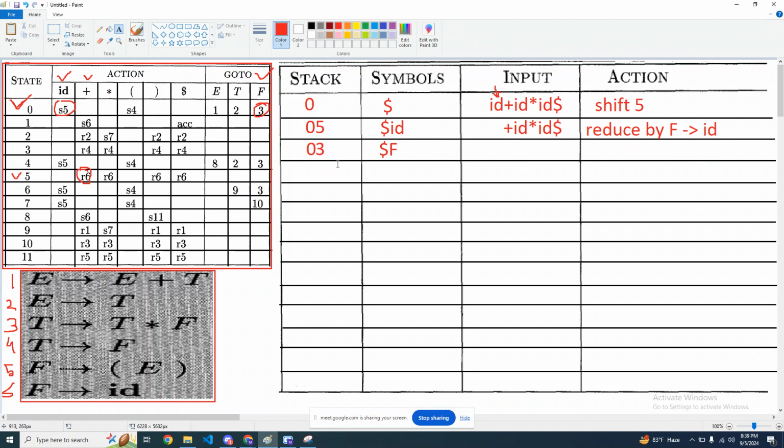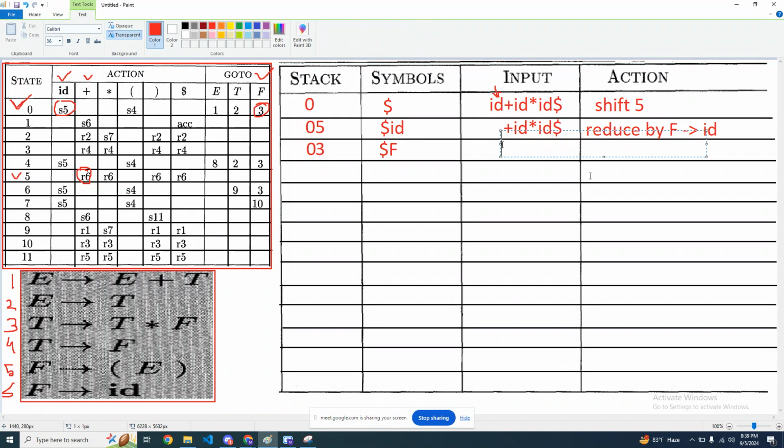So after we did the reduction, the current top of the stack was 0 and the current top symbol was F, so we go to 0, F and we get goto 3, so we need to push 3 onto the top of the stack. Okay. So did our input change after this operation? Okay, so the input remains the same, right?